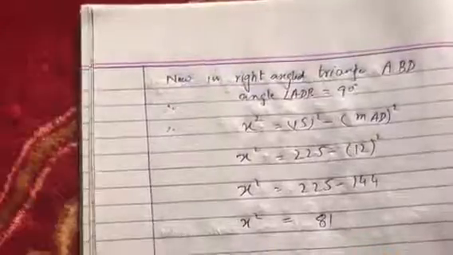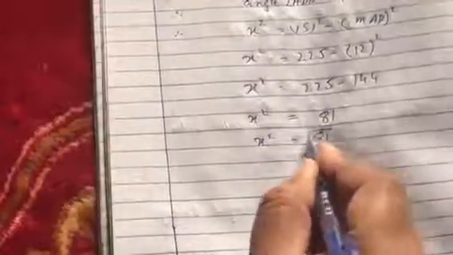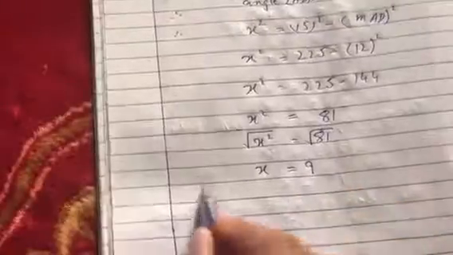So we have to find the value of x. So by taking square root on both sides, x is equal to square root of 81, which is 9. So the value of x is equal to 9 centimeter.